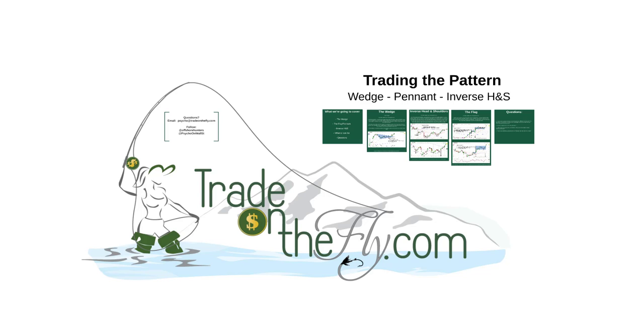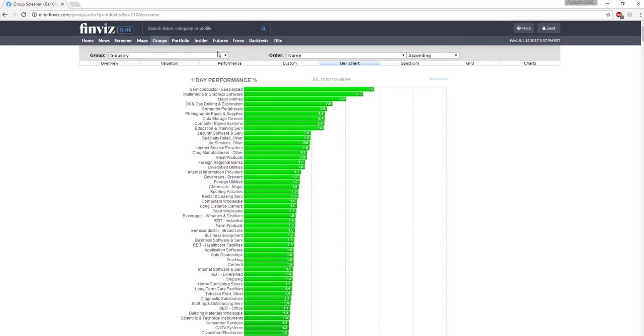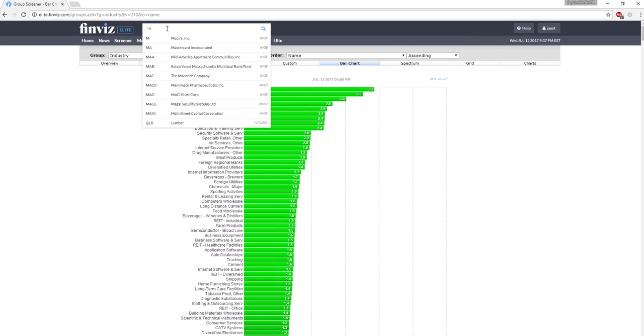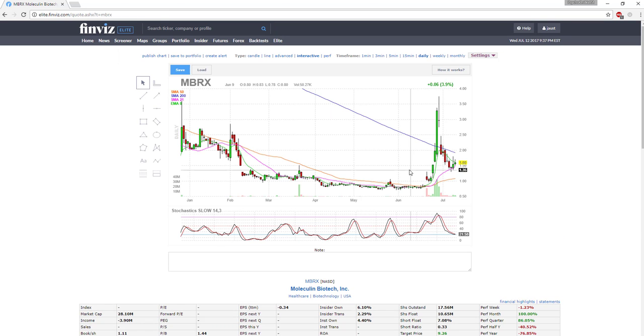So can you give an example of how you scale in and out on a recent play? Yes. Let's pull up MBRX.